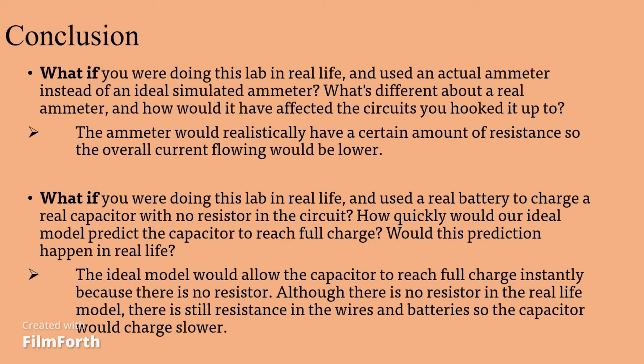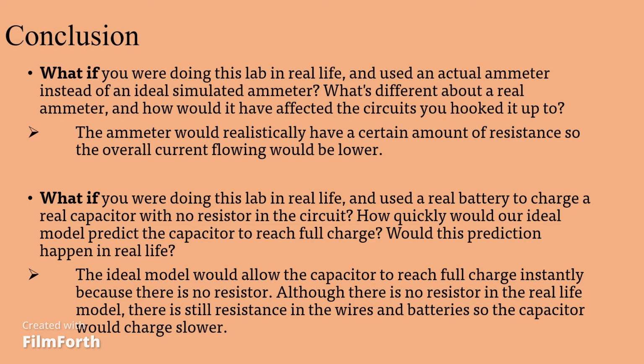Alright, so in conclusion, we saw several observations, mainly the relationship between the resistors and the currents. Now there are some conclusion questions. What if we were doing this lab in real life and used an actual ammeter instead of an ideal simulated ammeter?